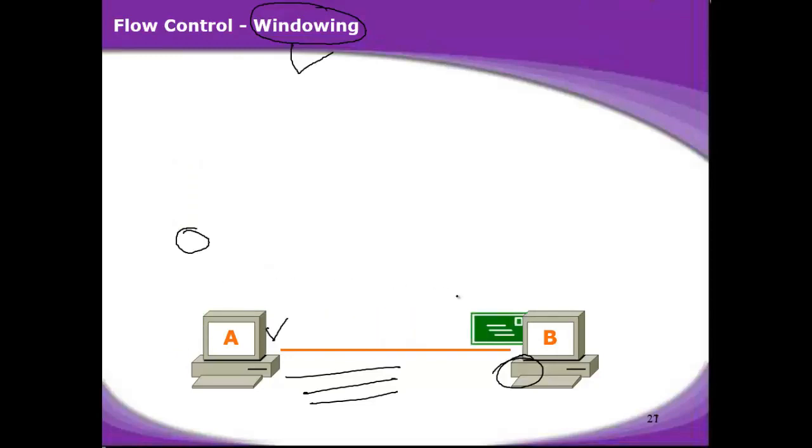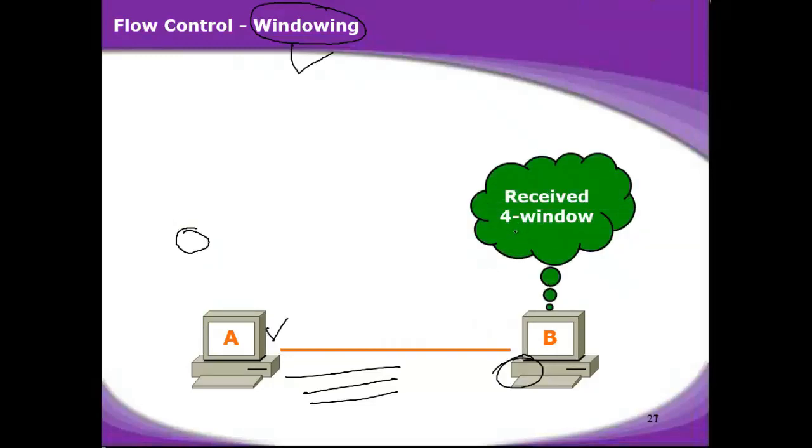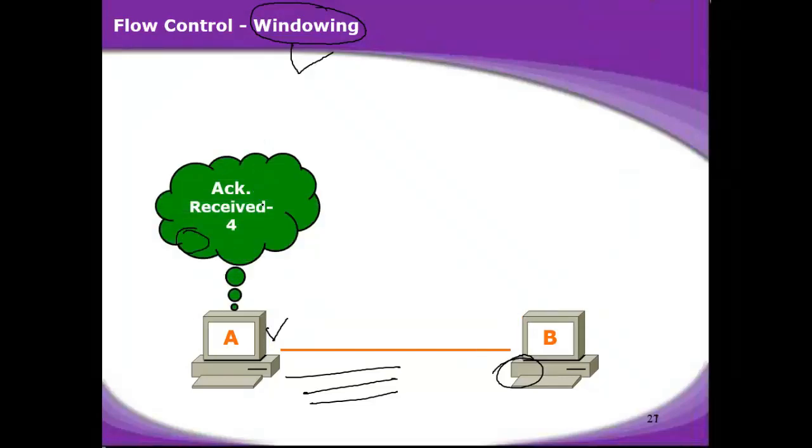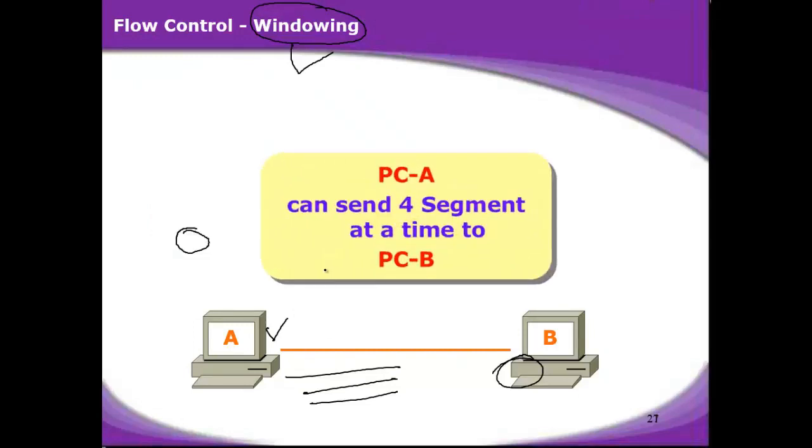So 5 are sent to the destination but 4 are received. That means the receiver capacity is to just receive or process 4 segments at a time. That means both have negotiated that we can send and receive 4 segments in one window. So this is how they control the flow of the traffic.